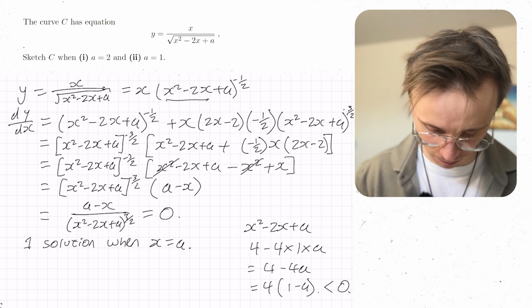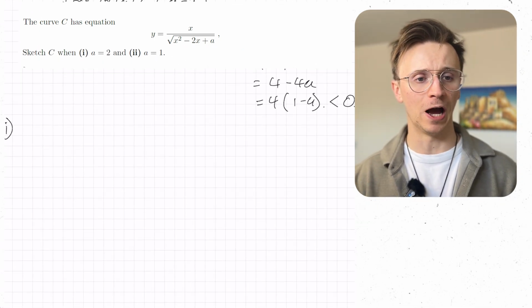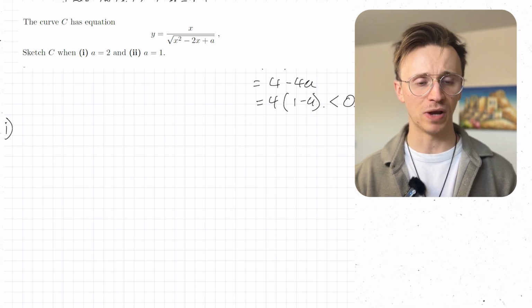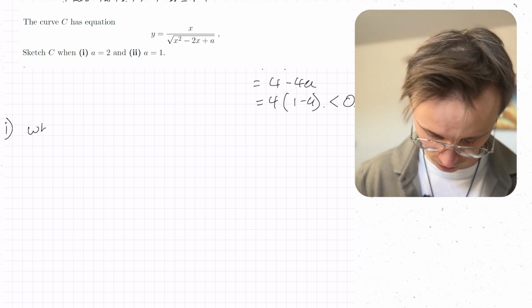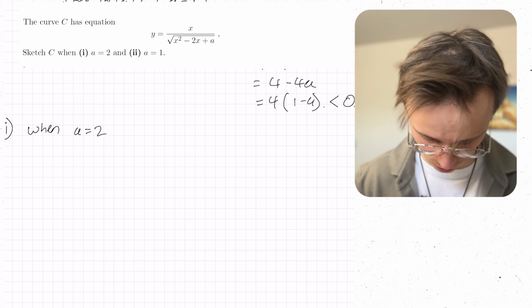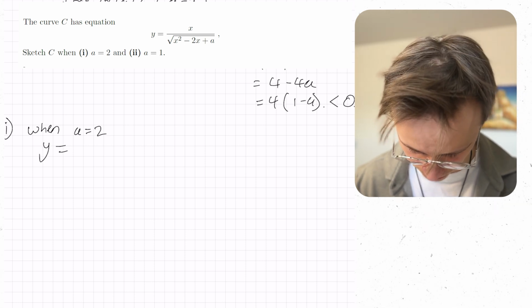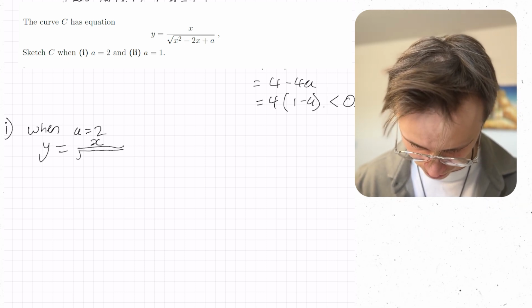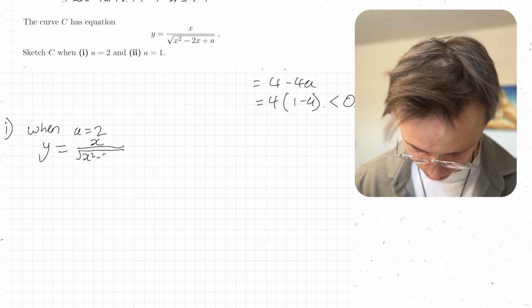So now for the second part, I'm going to have to use some of this, but I now want to sketch C when we have a equals 2. So when a equals 2, I have the equation y equals x over the square root of x squared minus 2x plus 2.